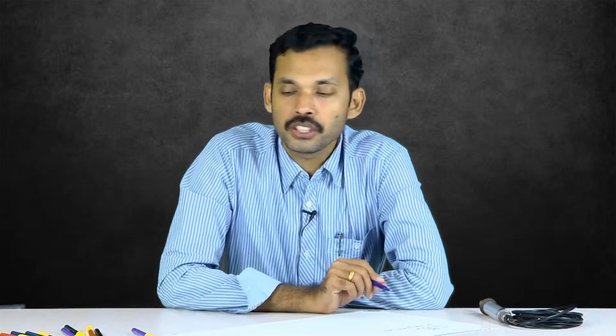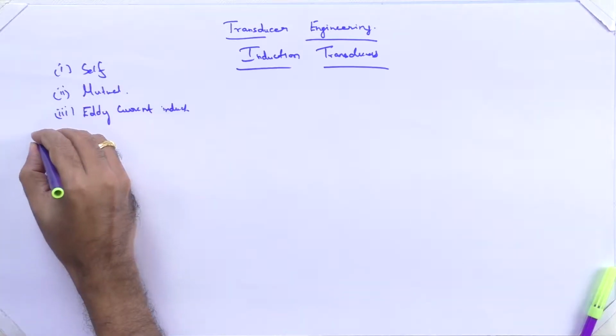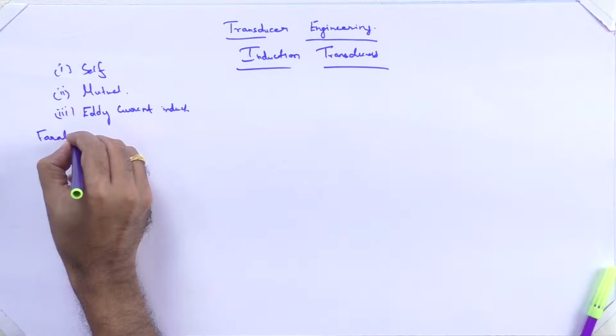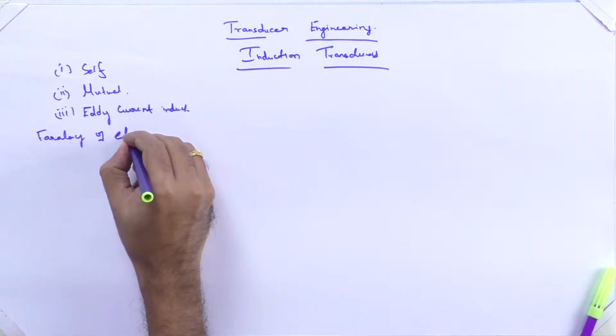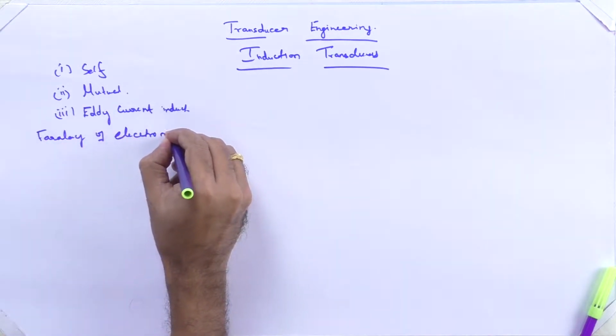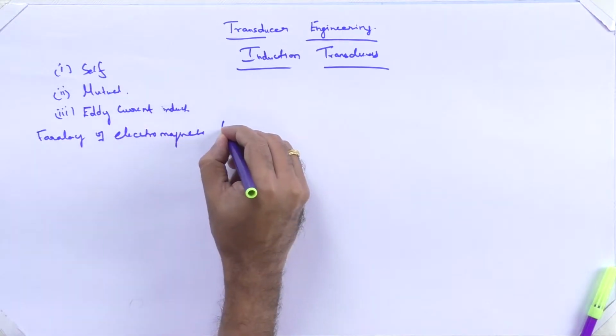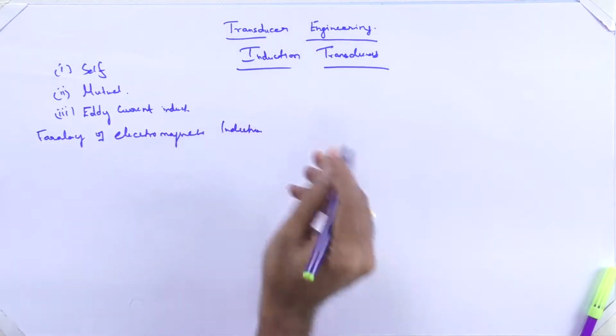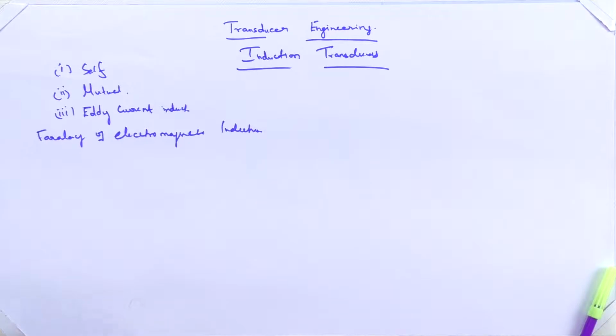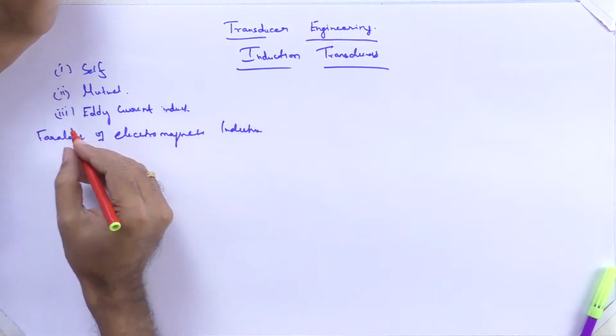First we will go for the self-induction based method, working on the principle of self-induction. When we talk about self-induction, immediately the law you need to remember is Faraday's law of electromagnetic induction. This is the basic law that governs each and everything.